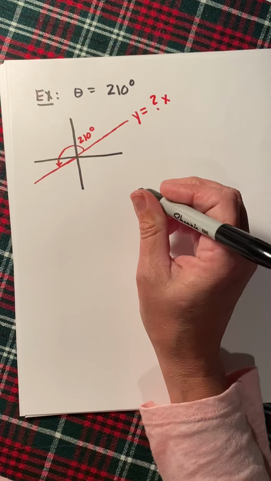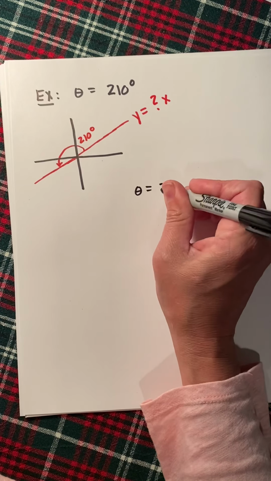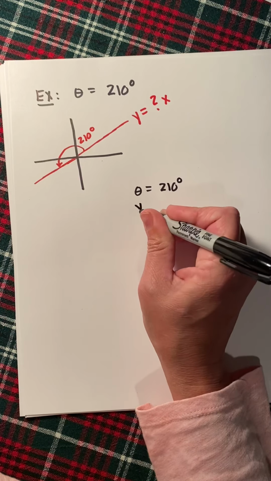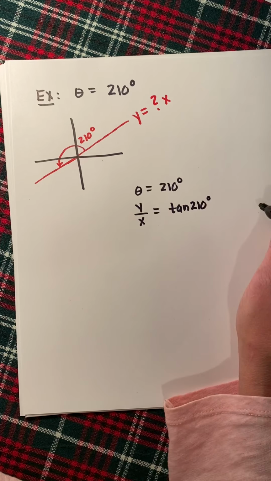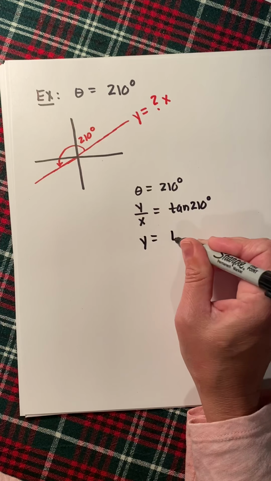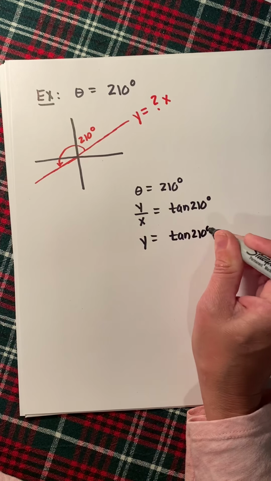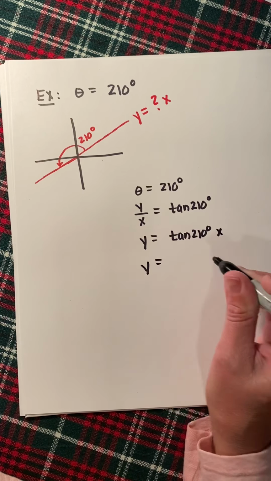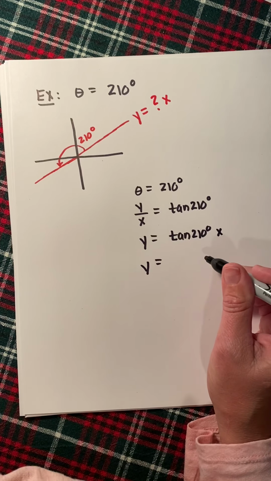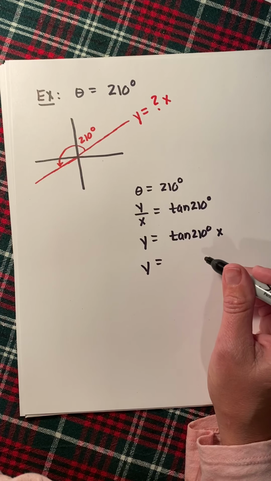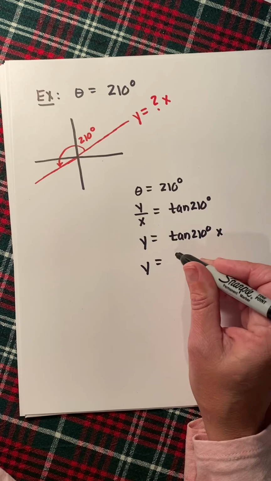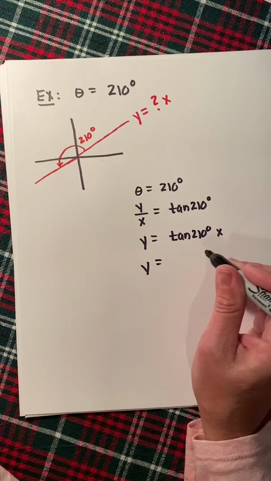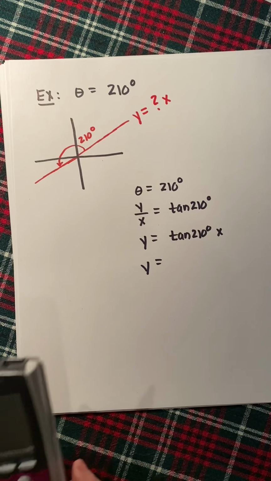So if theta equals 210 degrees, we have y over x equals the tangent of 210 degrees. So y equals the tangent of 210 degrees times x, and the tangent of 210 is a multiple of 30 degrees, sine over cosine, so it would be positive square root of 3 over 3.